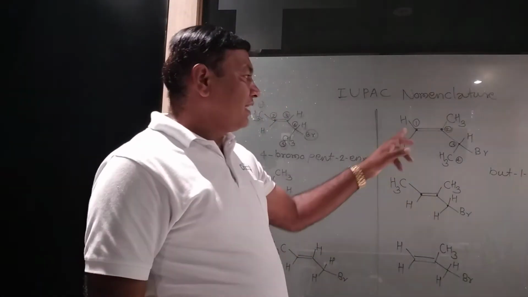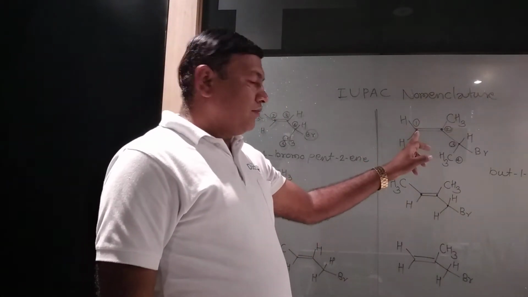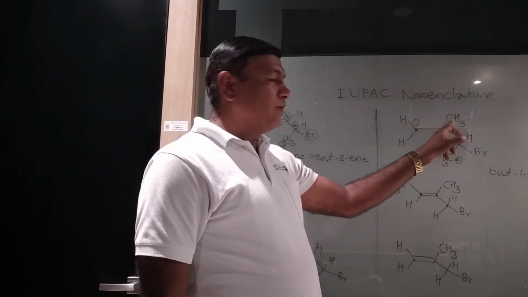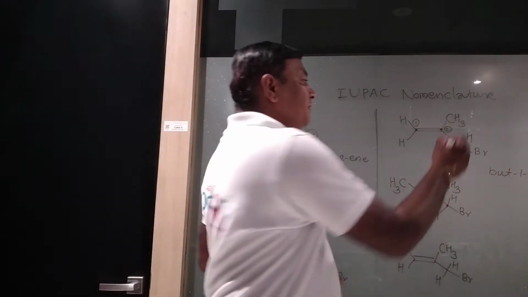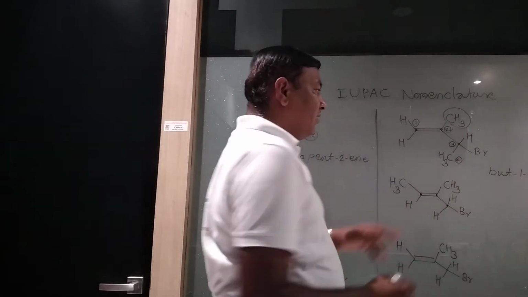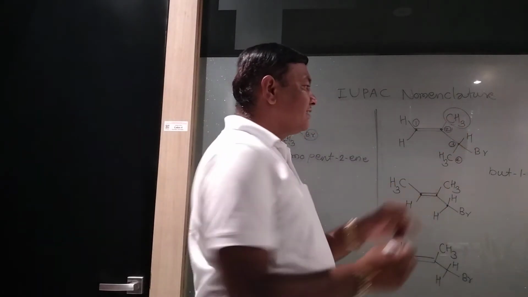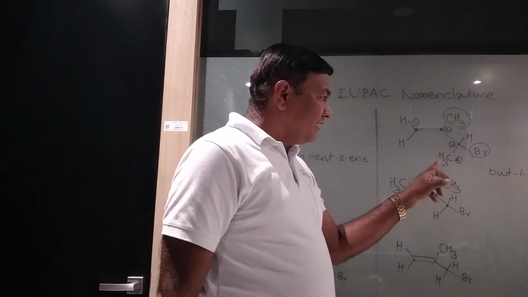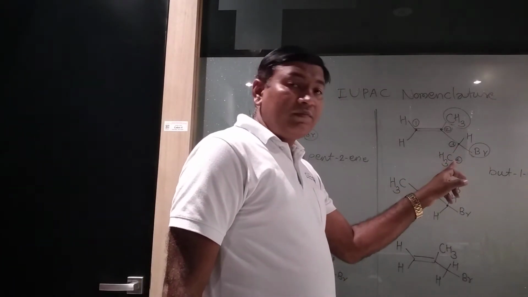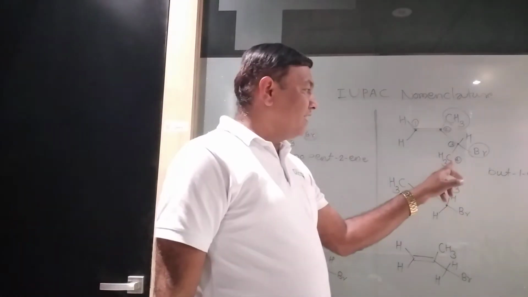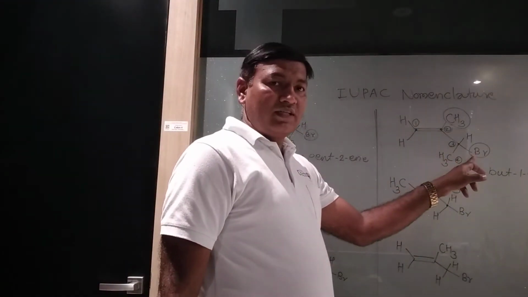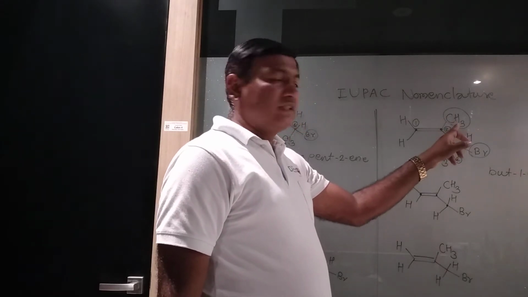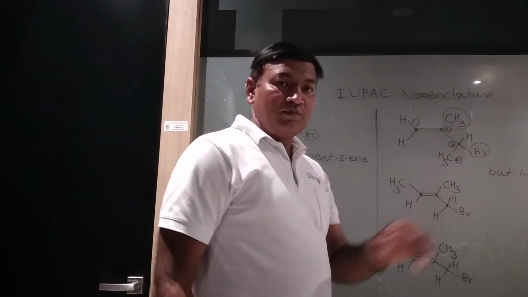Now we have to think about the substituent. For the first carbon, no substituent. For the second carbon, one substituent is there, which is methyl, and on the third carbon another substituent is there, which is bromo. The methyl is there, but this is a part of the longest chain, so we have to think only about the bromine. So position 2 methyl, position 3 bromo.